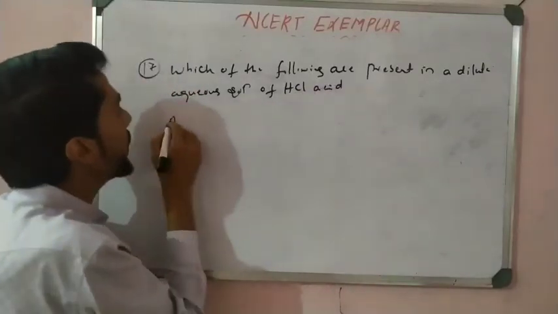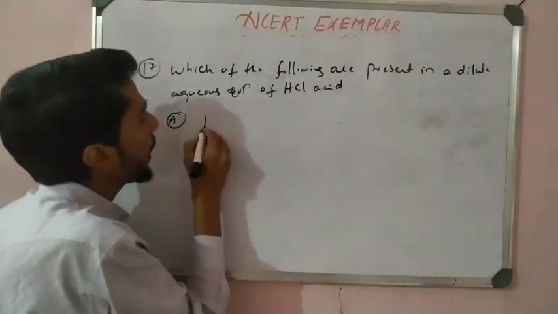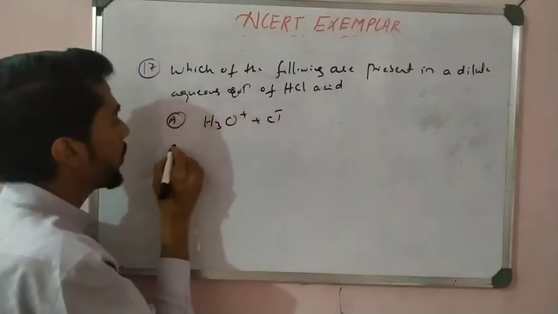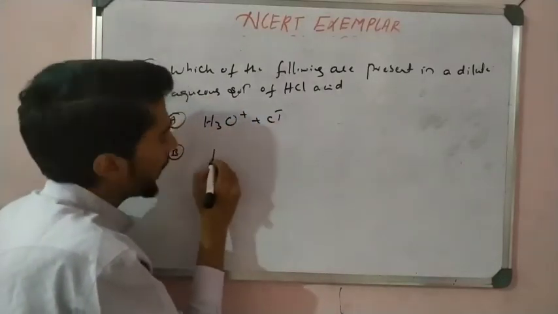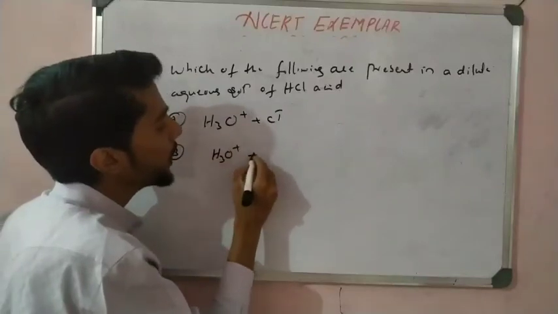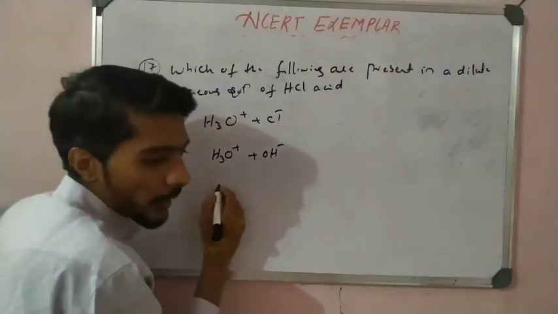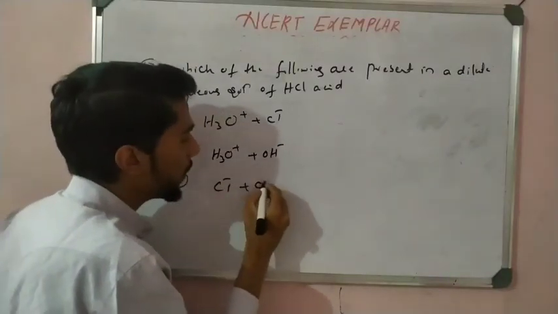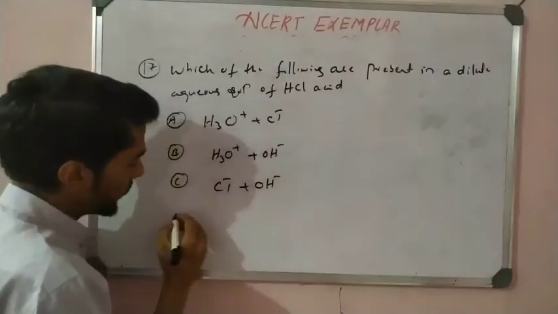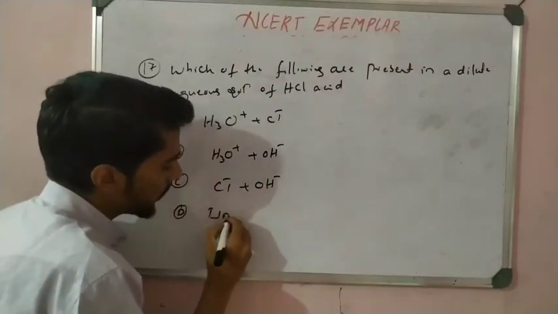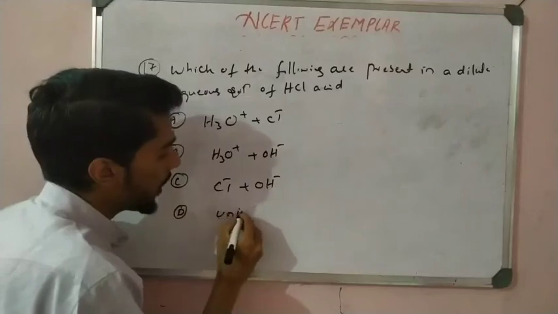Option A, H3O plus and Cl minus. Option B, H3O plus hydronium ions plus OH minus. And then Cl minus plus OH minus, and unionized HCl.